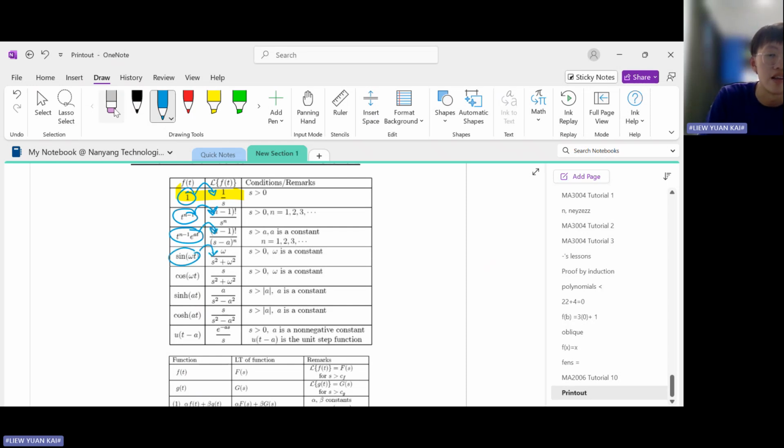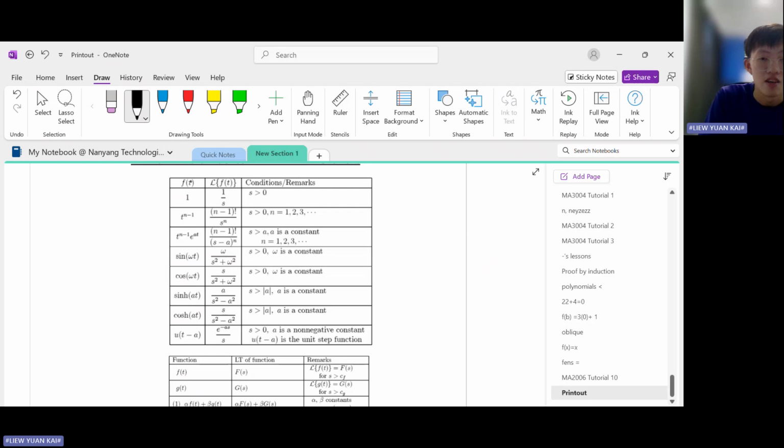Sorry, let me say that again. The Laplace transform of the left column will give you the entries in the second column.